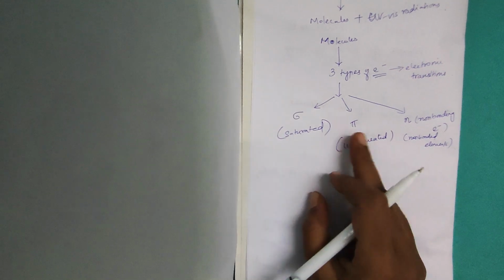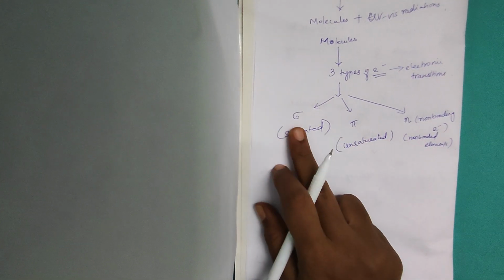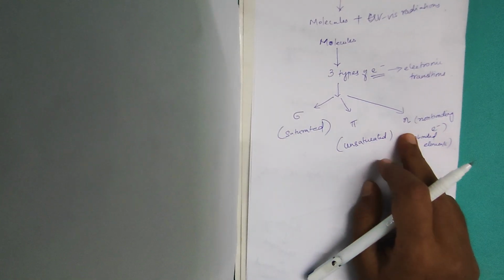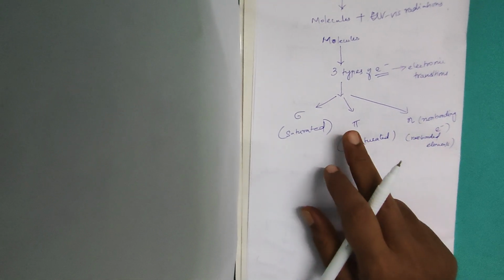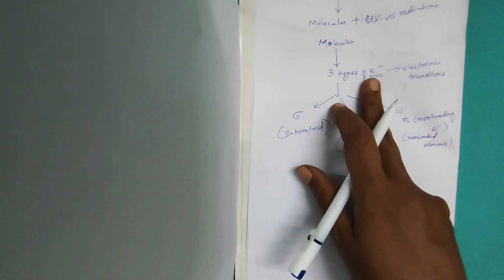So these electrons, sigma electrons, pi electrons and n electrons, absorb UV visible radiation and cause the excitation of your molecule.